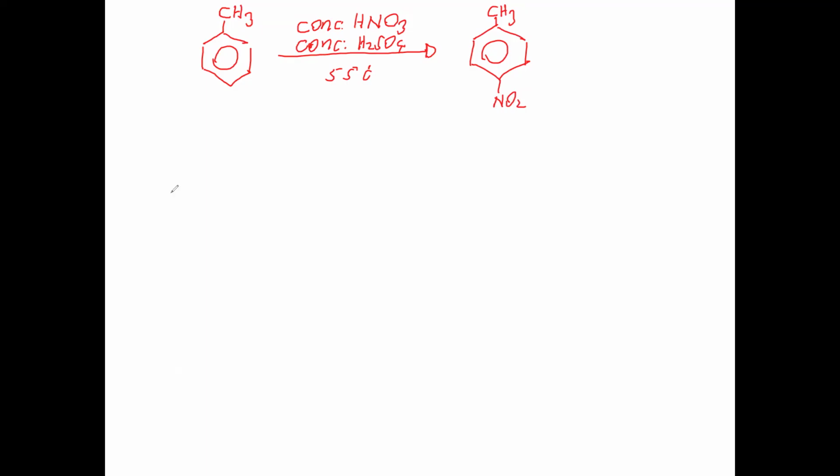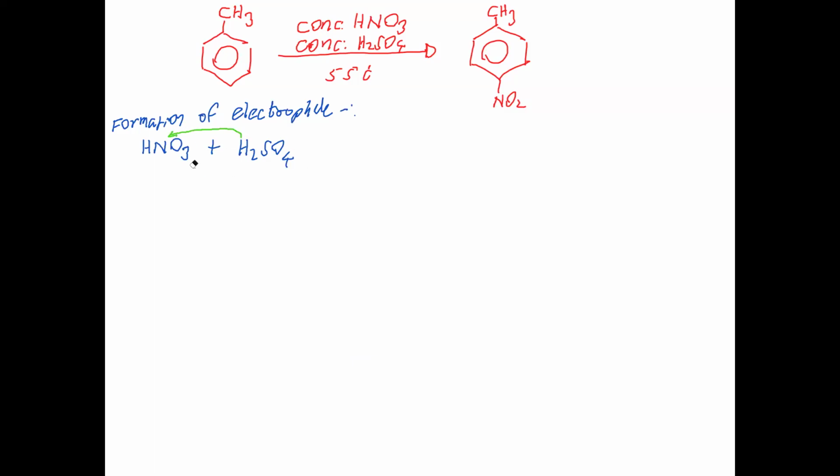In this mechanism, what happens? First HNO3. So we have a part called formation of the electrophile. That means our HNO3 reacts with H2SO4. Concentrated H2SO4 is a very strong acid, so it forcefully gives H plus ion to this HNO3.